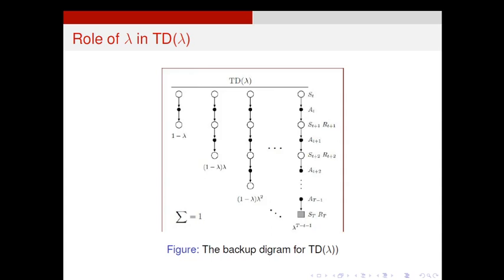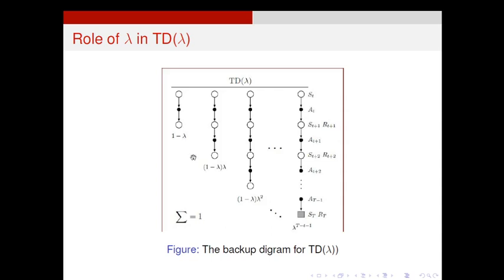This lambda is a very good parameter that defines length. So in one step, it is 1 minus lambda, in two steps 1 minus lambda into lambda. Now what happens to these weight parameters when we move from left to right? The coefficient in the two step update is 1 minus lambda into lambda. In the one step update, it is just 1 minus lambda.